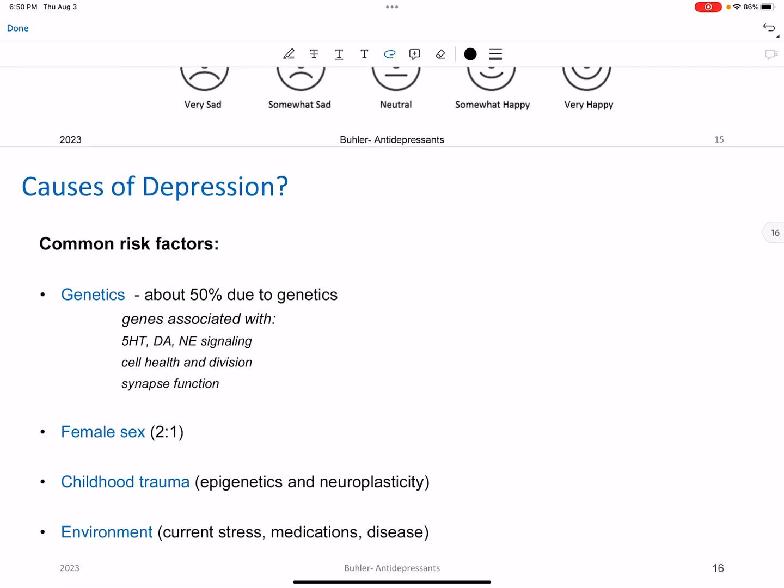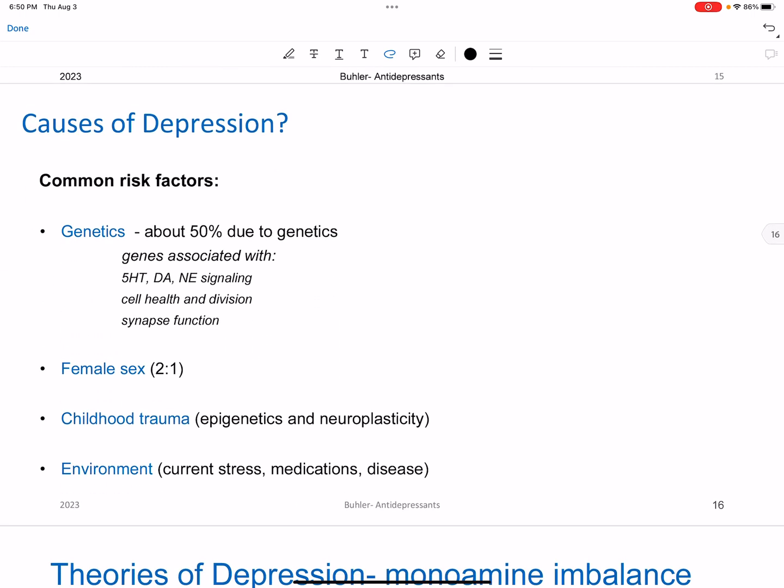So, we're going to talk about causes of depression. This has been looked at for years and decades, and we actually do know a lot about it. The more we know, the more we realize there's something else we'd never looked at. So even though we know so much more, it seems like we have not gotten closer to an answer.